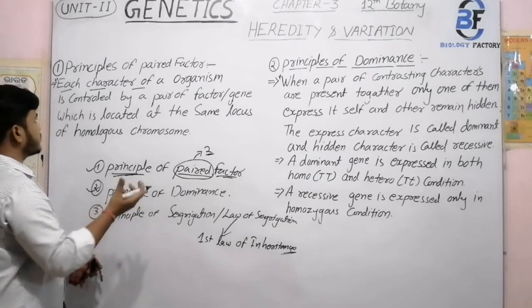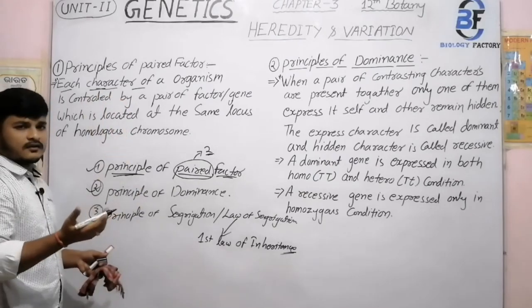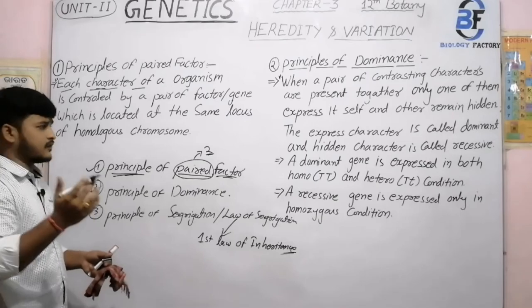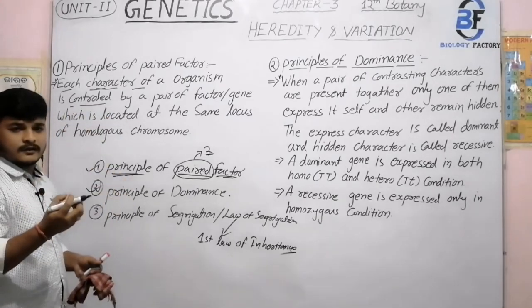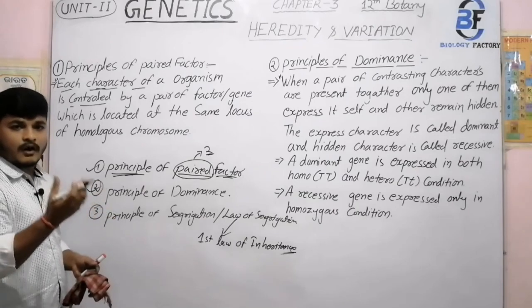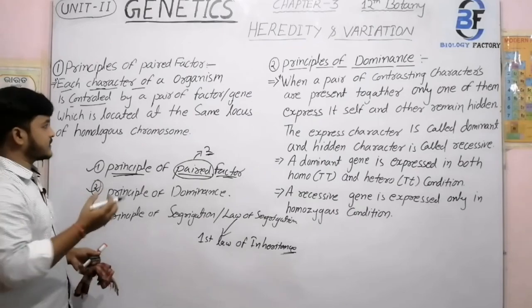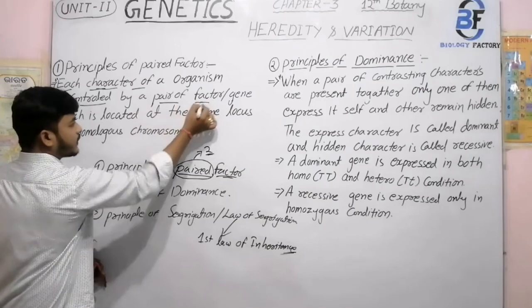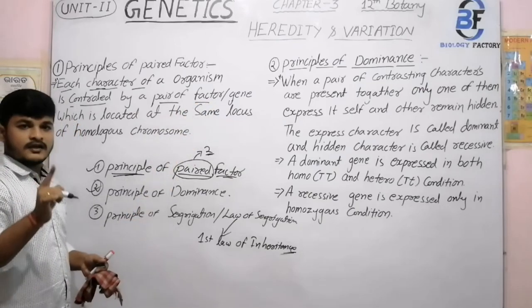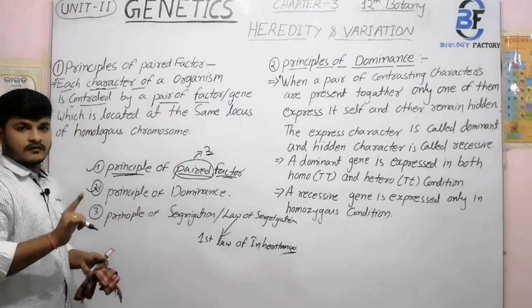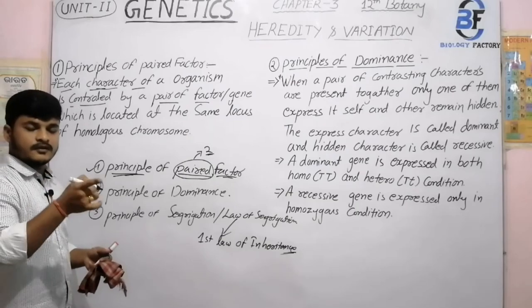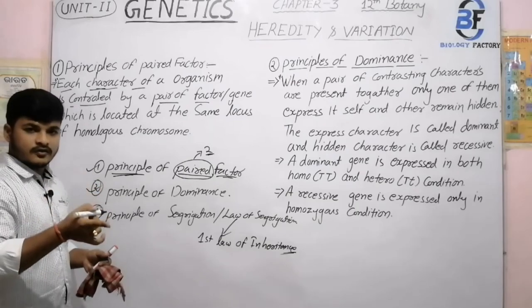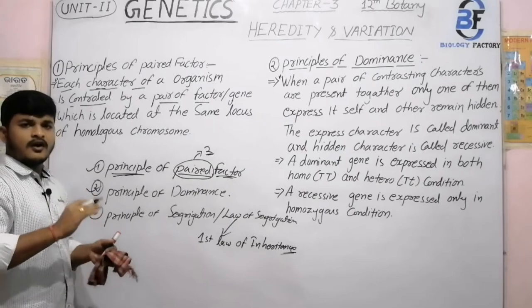That character, the tallness or the dwarfness, is controlled by a pair of factors. This factor is the reason for which the plant is tall or the plant is dwarf, that means short.